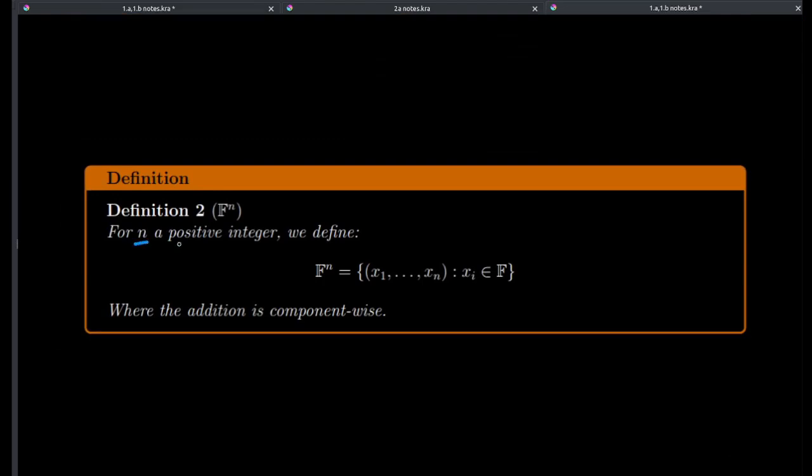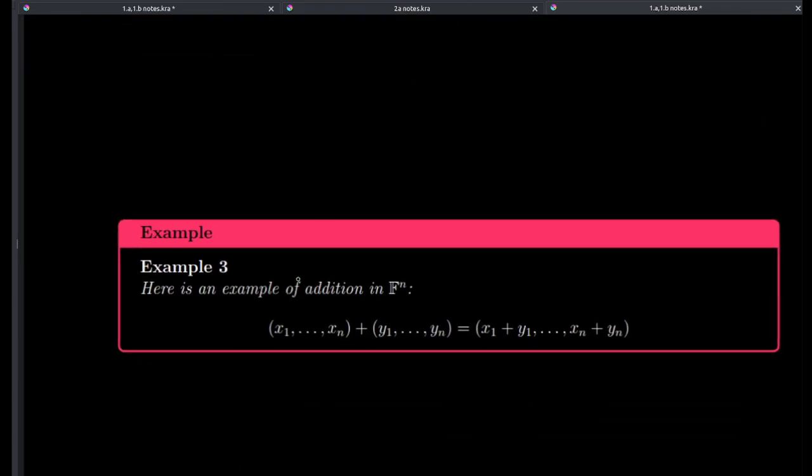So if you take n a positive integer, we're going to define F^n for a field F to be the set of all ordered lists of n elements of F, that is, all lists x1 through xn, with xi an element of the field. Here we can make addition component-wise.